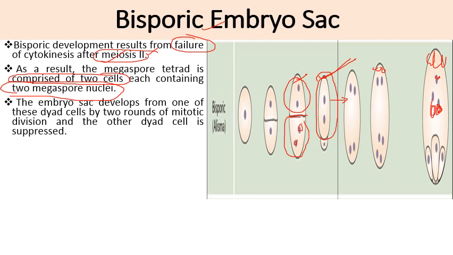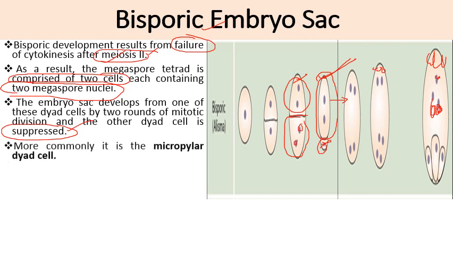So the embryo sac develops from one of these dyad cells, and the outer dyad cell is suppressed and disintegrates. More commonly, the micropylar dyad forms the embryo sac.